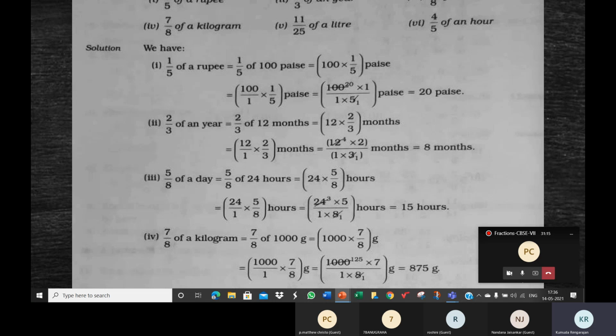11 by 25 into? Ma'am, 11 by 25 into 1000. 1000 into 11 is 25,000. Goes in 25 how many times? 1000 divided by 25 is how much? You would have simplified, no?